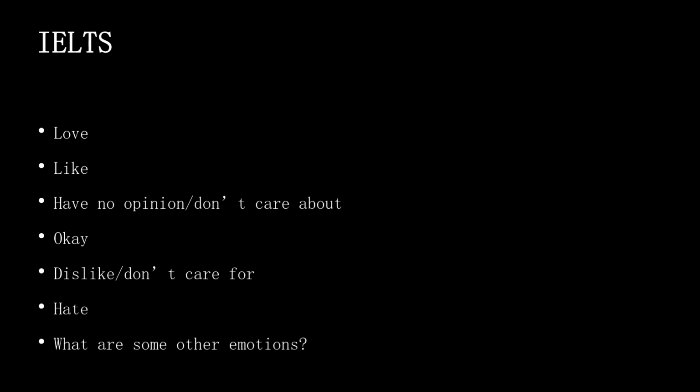Have no opinion or don't care about is a little different than okay, right? If someone says, do you like her? You might say, I have no opinion or I don't really care. Whereas if you say, well, I think she's okay, it's a little different, right? But they're both in between like and dislike. They're both in the middle there. And what are some other emotions?